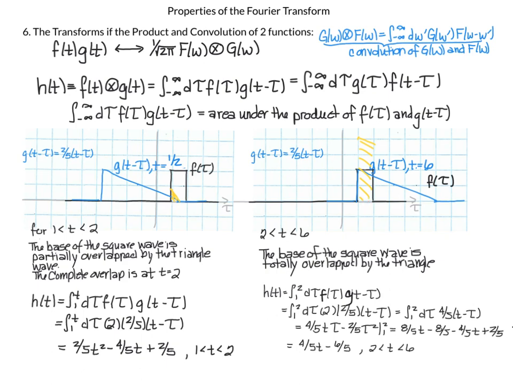So we're integrating from 1 to 2, the entire base of the square, f of tau, which is equal to 2, and g of t minus tau, which is 2/5 (t minus tau). Integrating with respect to tau, we finally get h of t equal to 4/5 t minus 6/5 for t between 2 and 6. For all other values of t, h of t, our convolution, equals 0.